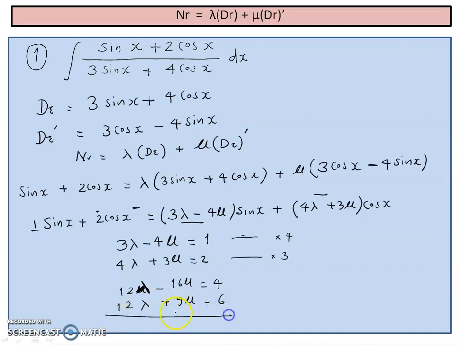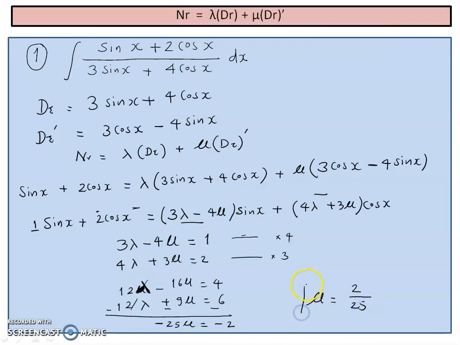Now if I subtract, the 12 lambda gets cancelled. Minus 25 mu is equal to 4 minus 6, minus 2. So mu I get as 2 upon 25.